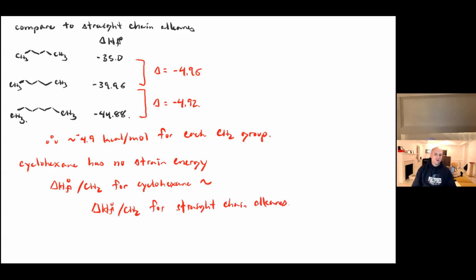Okay, so cyclohexane is our baseline. It has no strain energy. It's the most stable cycloalkane. So if you go either smaller or larger, you're going to start to introduce strain.